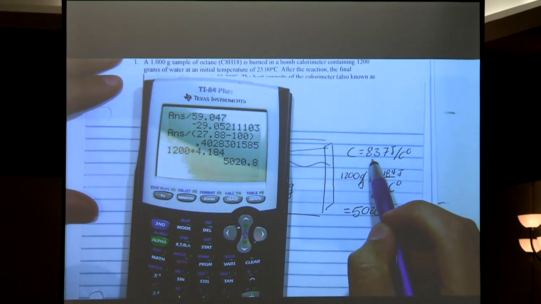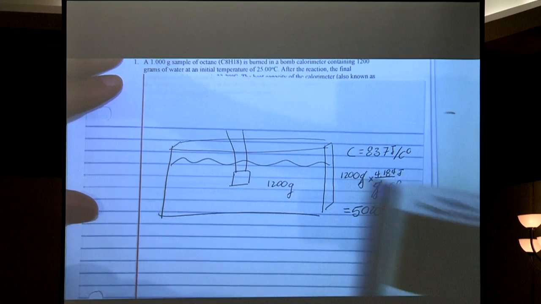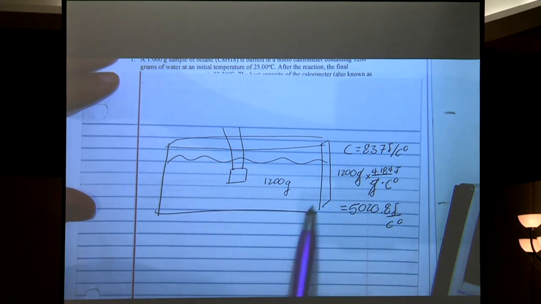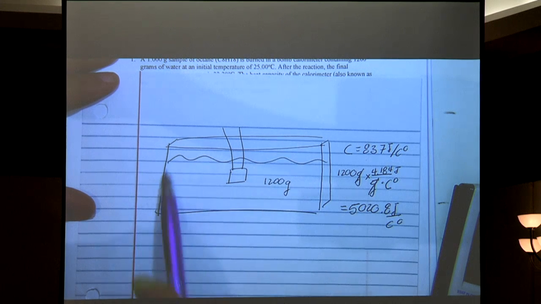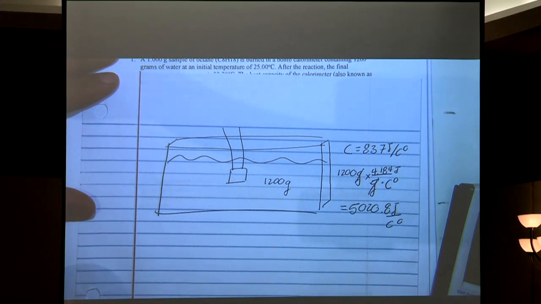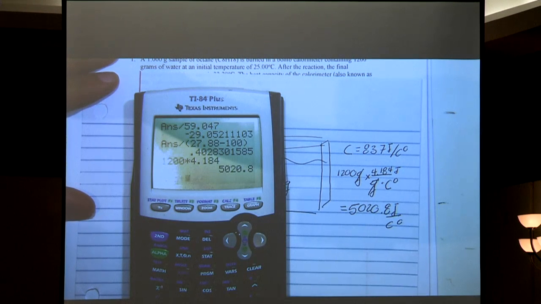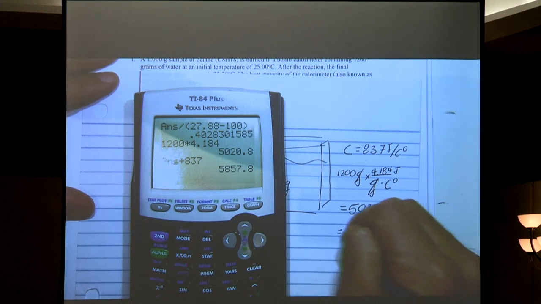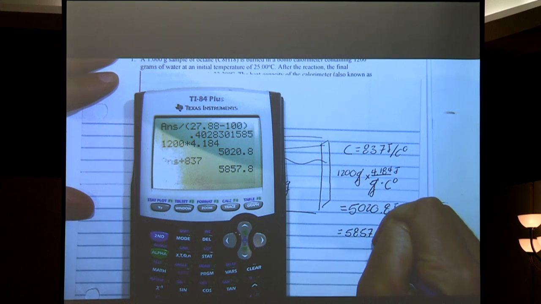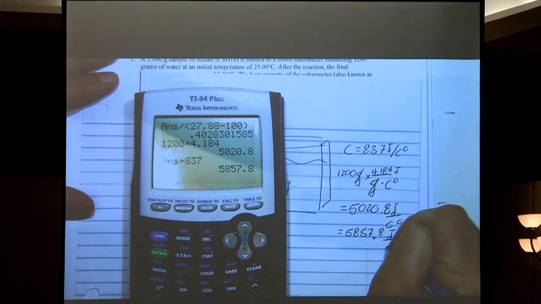And I'm going to add that to the empty tank because remember, I have the heat capacity for the tank and I have the heat capacity for the water. And I need to find what the energy requirement is to change the whole thing 1 degree Celsius. So I'm going to add this 837 joules, and I'm going to get 5857.8 joules per degree Celsius.